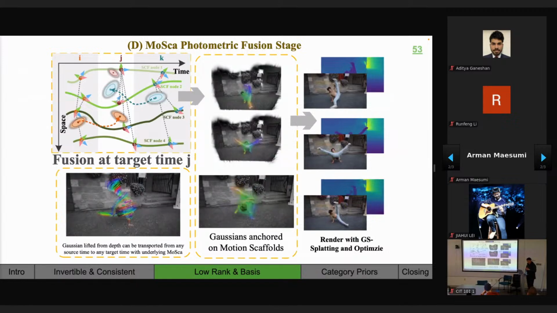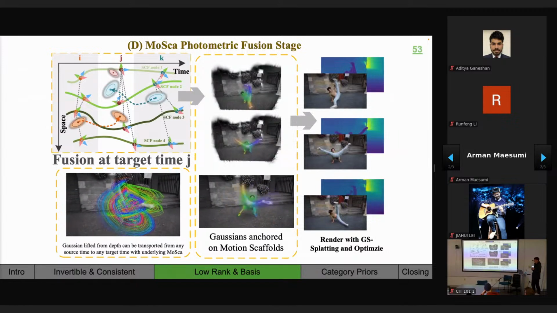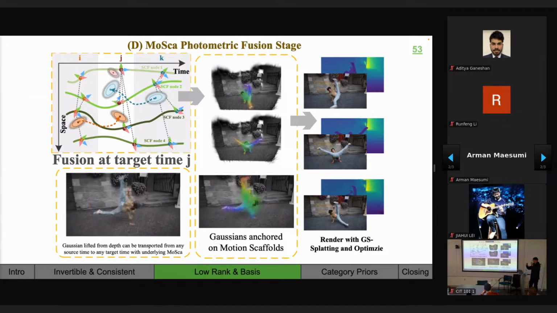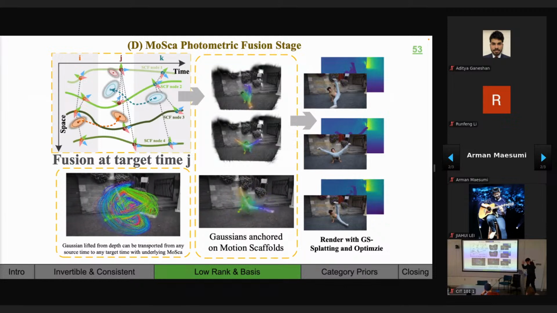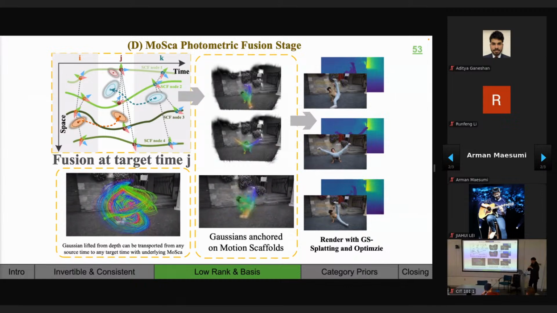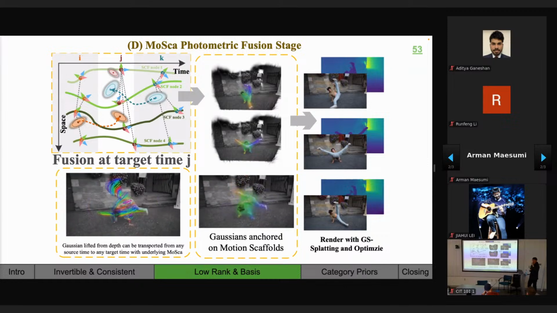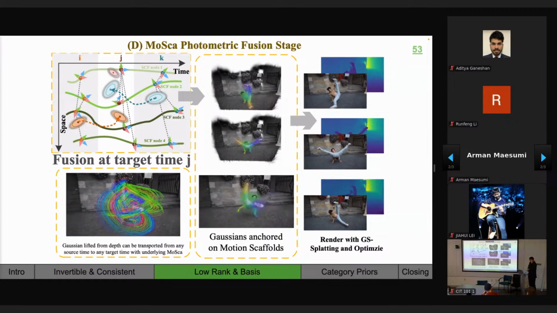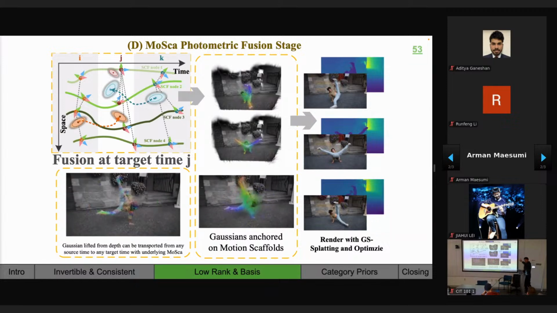And so finally, you can grow the Gaussians. You can think of this scaffold as a tree, and you can grow many leaves on this scaffold. That is small Gaussians. You can back-project all the frame steps into 3D, and all the points can be deformed to a target rendering time by skinning, which means one Gaussian is lifted to 3D, finds the nearest node at that time, and is associated with that node.